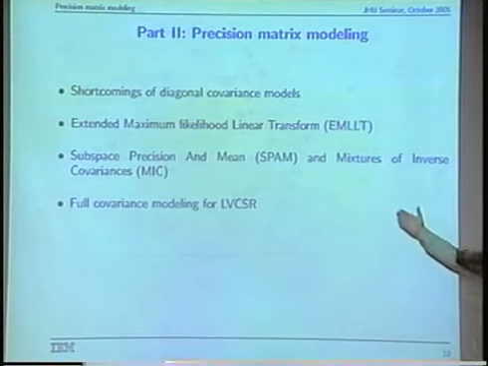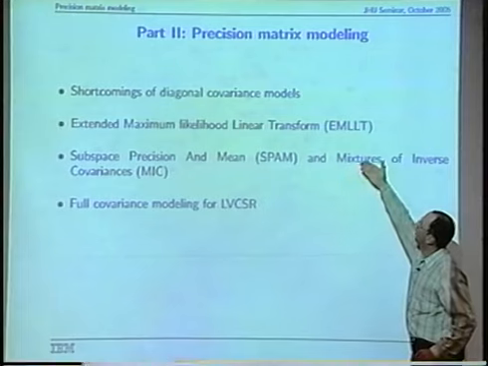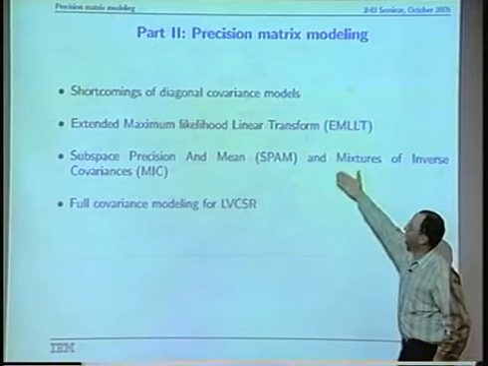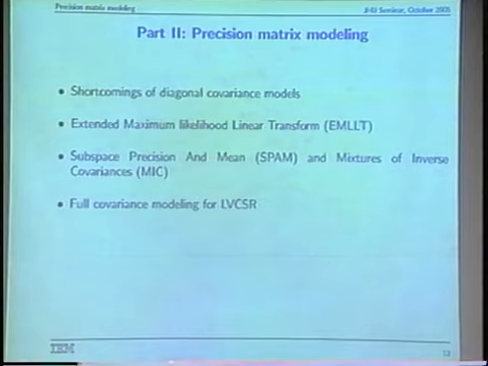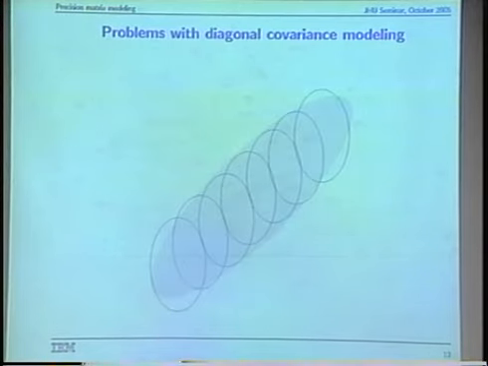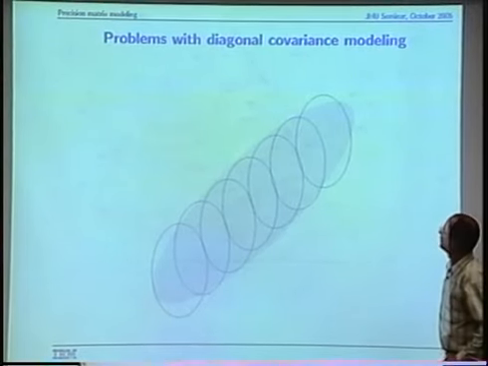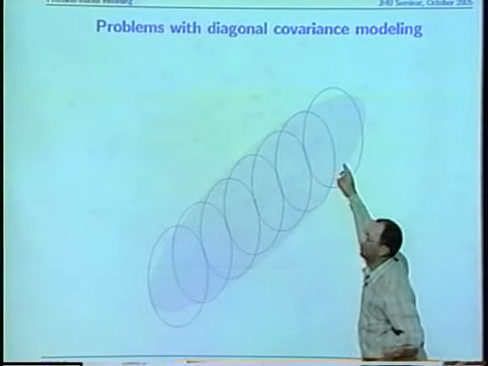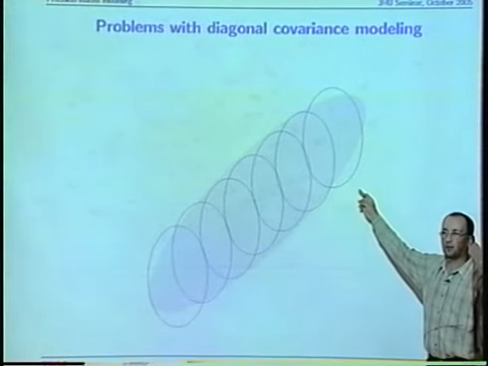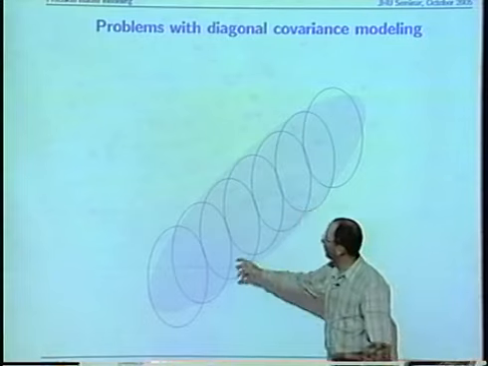So it's a continuum of techniques, if you want, from diagonal covariance models all the way up to full covariance models. Okay. Now this is a simple picture. What it says is that if you have a cluster of data that's skewed in your feature space, then you have to cover it.